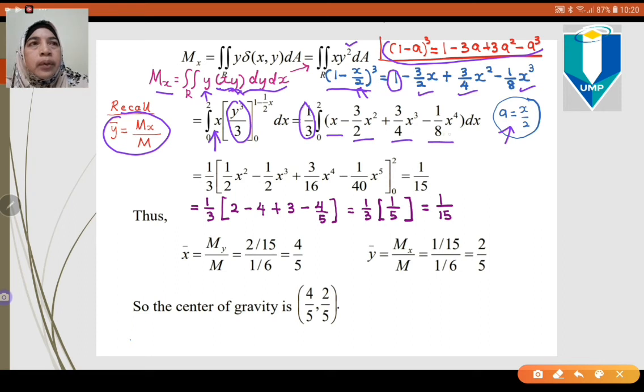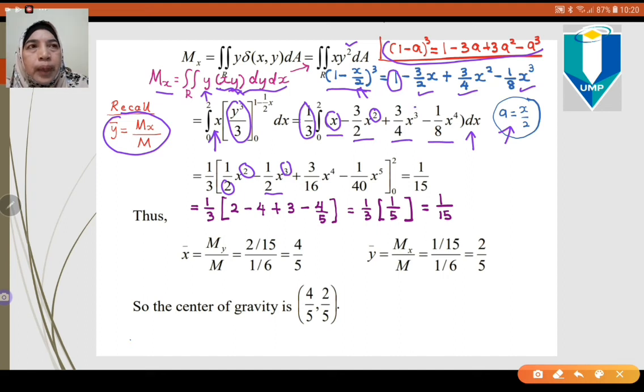Now, we need to integrate with respect to x. So for x here, power 1 becomes x to the power of 2 divided by the new power. This one is x to the power of 2, you increase the power by 1 to give you x to the power of 3. So you divide by 3, that 3 and this 3 cancel off to give you 1 over 2, x cubed.